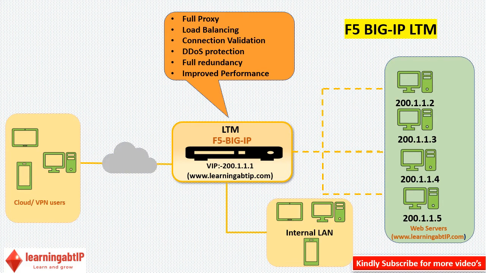So what the LTM is doing is validating the connection coming from the client, and after validating it, it initiates a new connection towards the server, acting as a client.